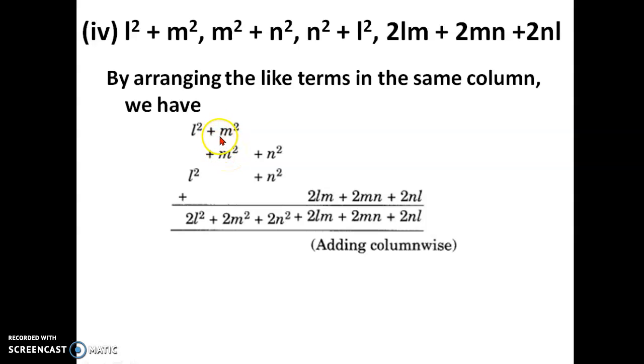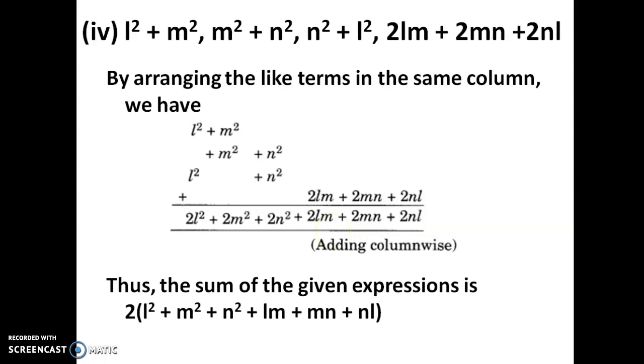Here for the coefficient, nothing is there, it means 1. So 1 plus 1 is 2. So 2m square you will get, okay. Then L square plus L square, same way. 1 plus 1 is 2. So 2L square, okay. Here everything is in plus, so in the solution also everything we have written with the plus sign, okay.